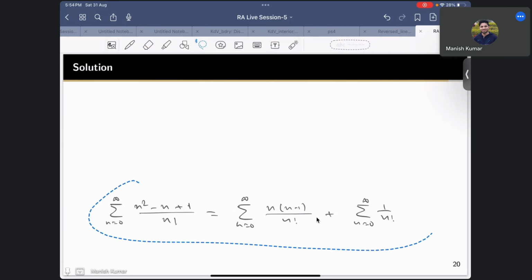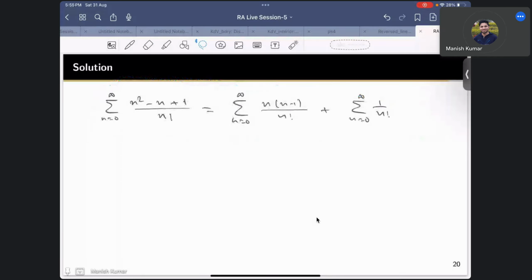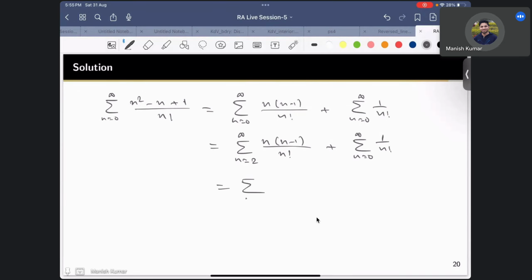Now this is equal to the summation, and for n equal to 0 this is 0, for n equal to 1 this is 0, so n equal to 2 to infinity of n into (n minus 1) upon factorial n, plus the summation n equal to 0 to infinity of 1 by factorial n. And this is nothing but 1 upon (n minus 2) factorial.